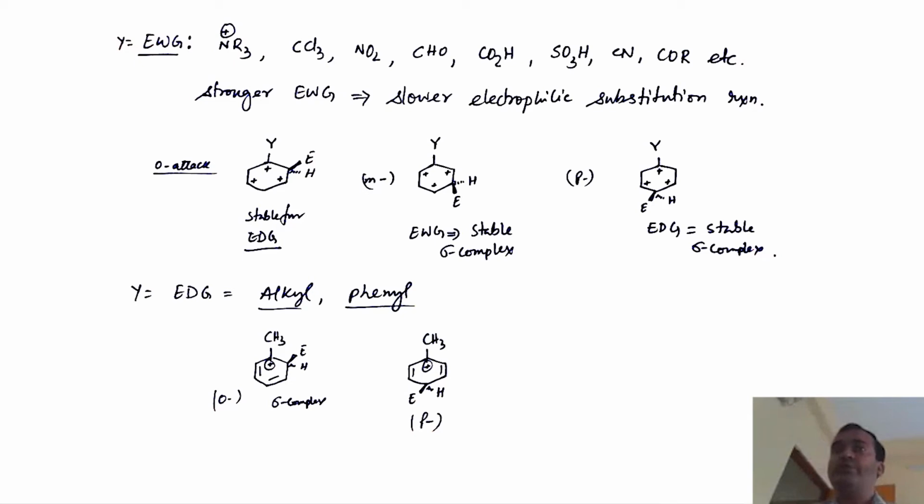These are not actual charges. But in NR3 plus, this is an actual charge. When you find any group which has an actual charge, its electron withdrawing ability is higher than with a formal charge. So NR3 plus will withdraw electrons more than NO2. So for NO2, the reaction will be a bit faster than for NR3 plus, because the electron density is much lower for NR3 plus.